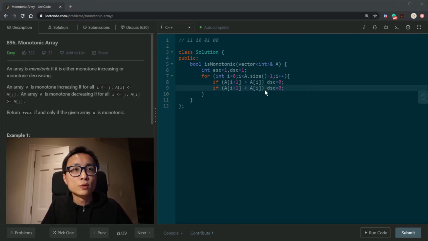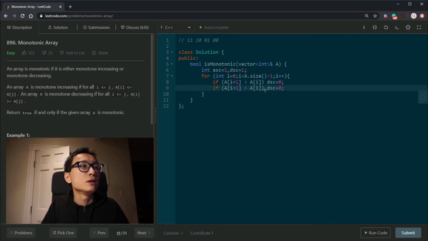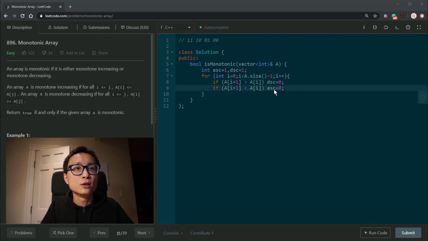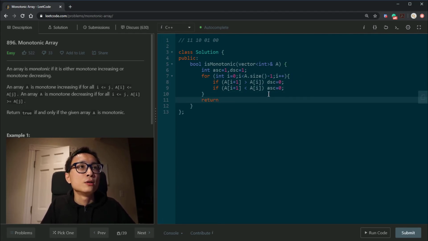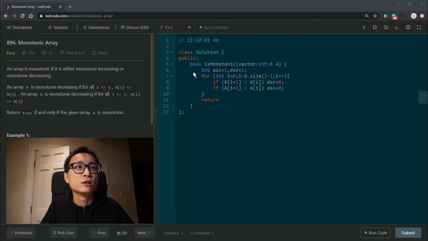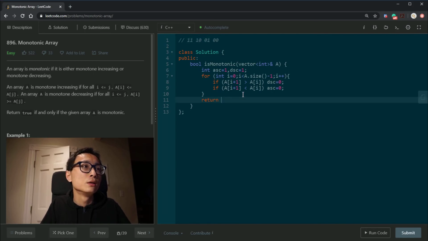If the relationship between these two numbers is the opposite case, we change the belief on it being monotone increasing. And in the end, we just return whether it's one of the first 3 kinds of case. So it's either one of those is 1.